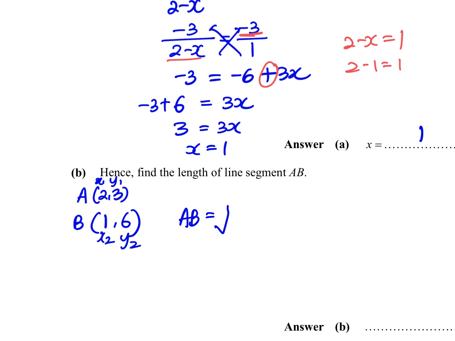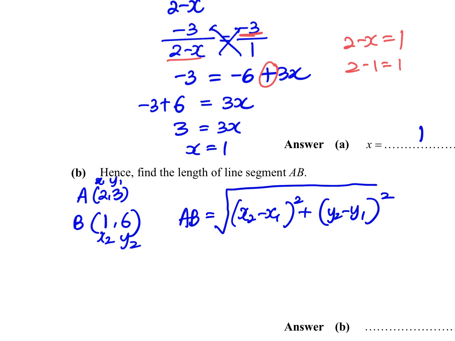Something like Pythagoras theorem, right? Square root, hypotenuse will be something squared plus something squared. What's inside? y2 minus y1, then the other one, x2 minus x1. This formula you don't have to memorize.